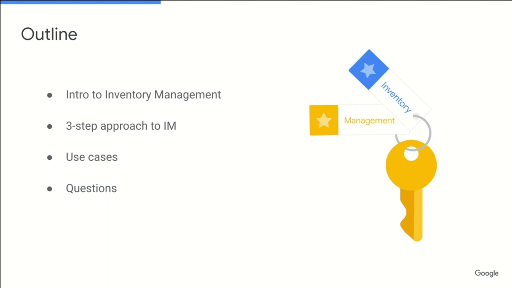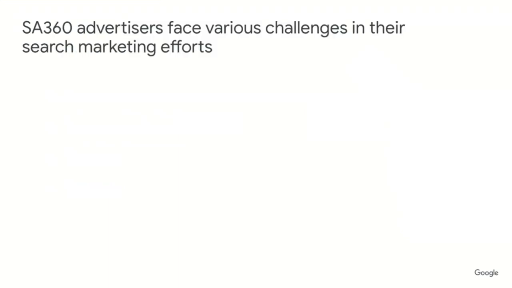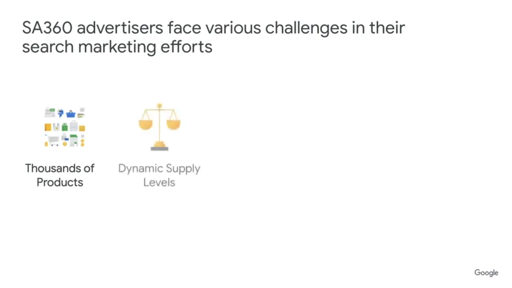So with that, let me jump in and look at a couple of challenges that many of our SA360 advertisers face when managing their search marketing efforts. The first one is that many businesses have thousands of products, and it can seem as a very daunting and very complex task to create personalized, customized ads for all of those products.